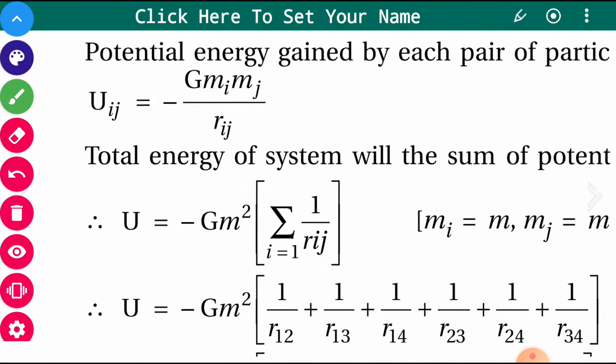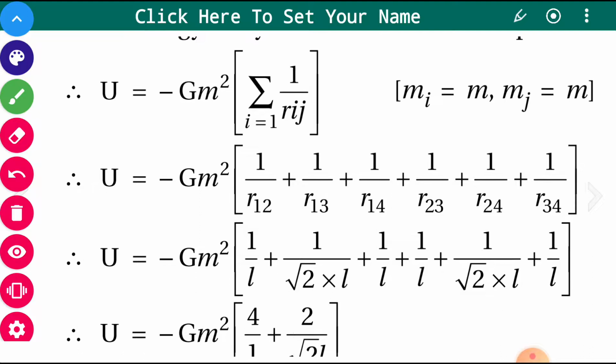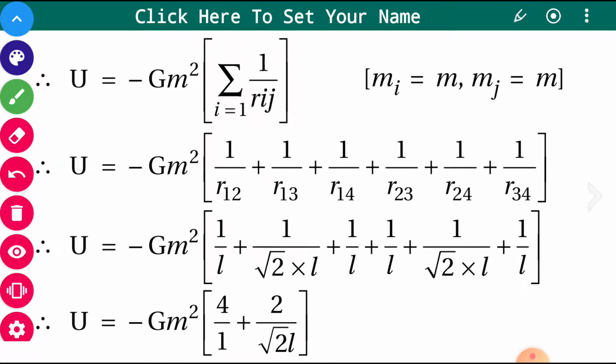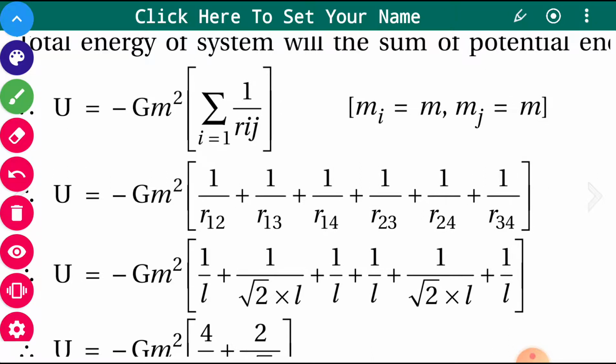4 such pairs are there where the distance is L, so it is written in this way. You can see the distance between the first and second, first and third, first and fourth, second and third, second and fourth, and third and fourth.